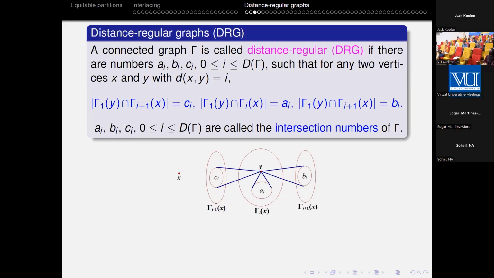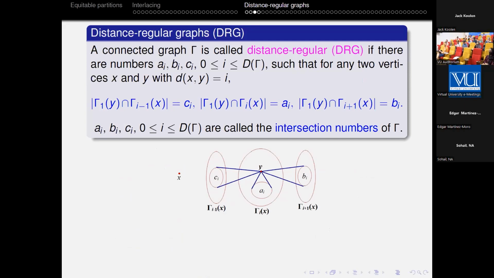So this is the definition of a distance regular graph. We take x and y at distance i. Then neighbors of y have either distance i minus 1 to x, or distance i, or distance i plus 1.